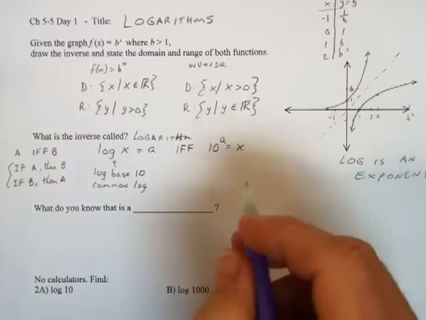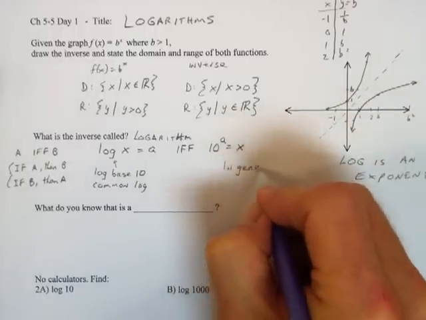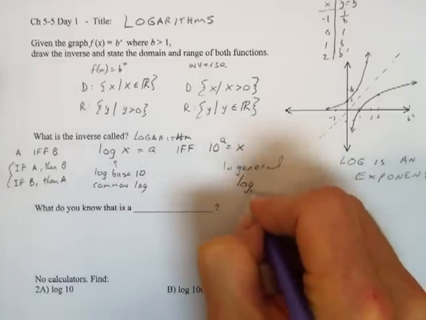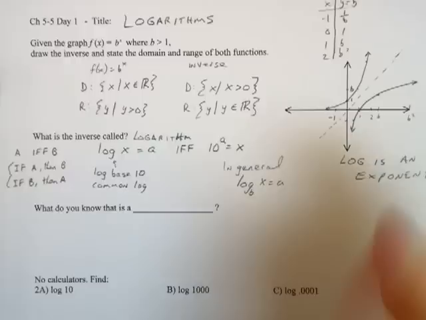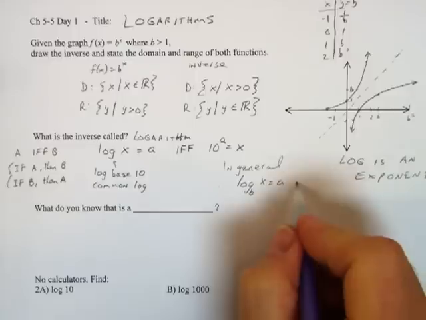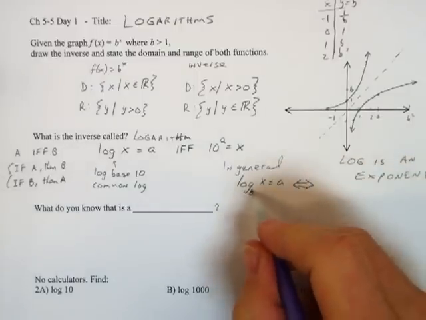In general, log base b of x equals a. And another way to write if and only if is a double arrow like this. Now, what's the base of this? We have a base b.